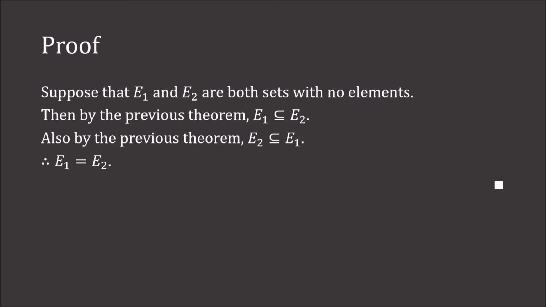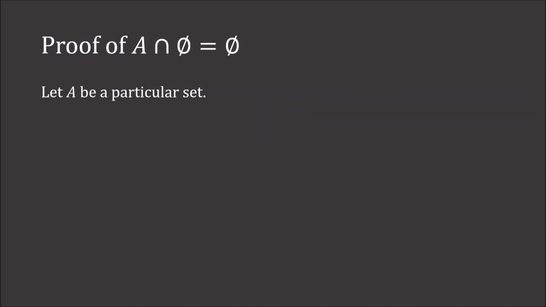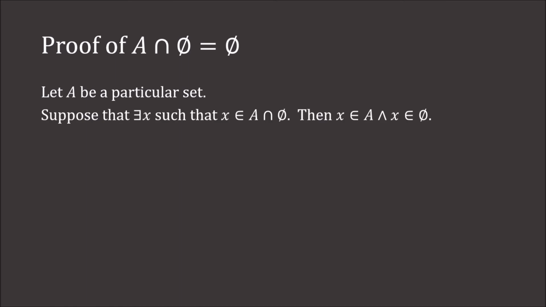We can now prove that A intersected with the empty set is the empty set. So let A be a particular set. Suppose that there exists an X such that X is in A intersect the empty set. Then X would be in A, and X would be in the empty set.